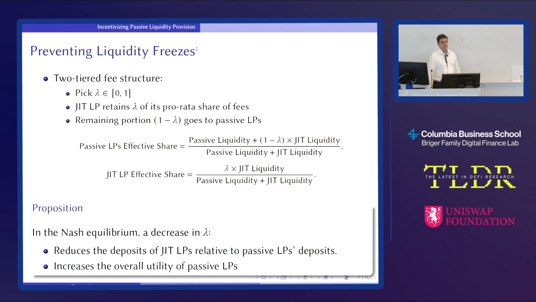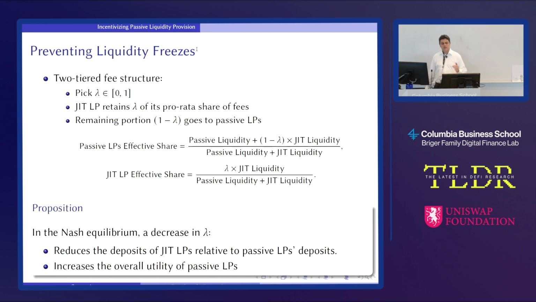Instead of transferring all the fees to the active liquidity providers, when the liquidity provider trades, a percentage Lambda of this fee is transferred to the passive providers, and a percentage remains with the active provider. If Lambda is equal to 0, the just-in-time liquidity providers are capturing the whole fee.